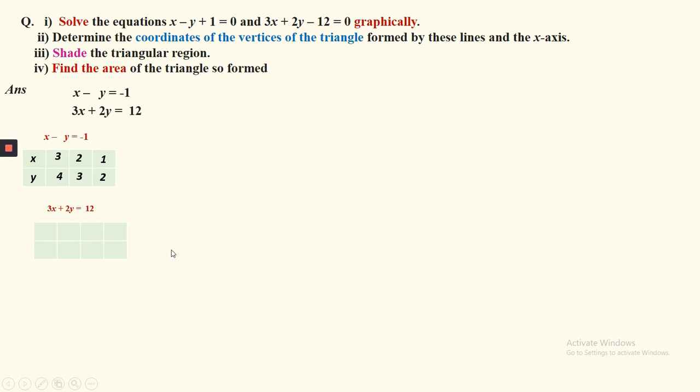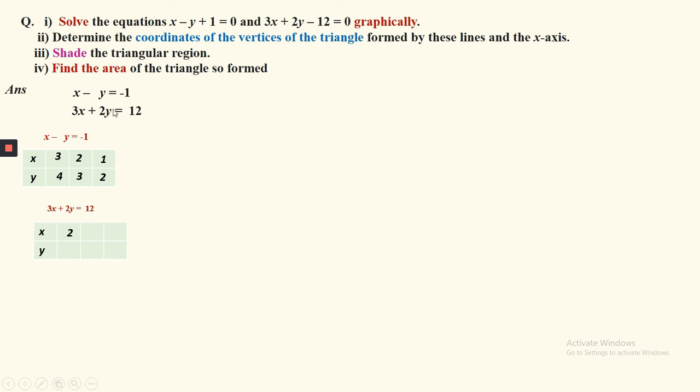Let's keep the solution table ready for the second equation also. X and y. I'm giving one value 2. So we put here 3 into 2 becomes 6. And we know that 6 plus 6 is equal to 12.